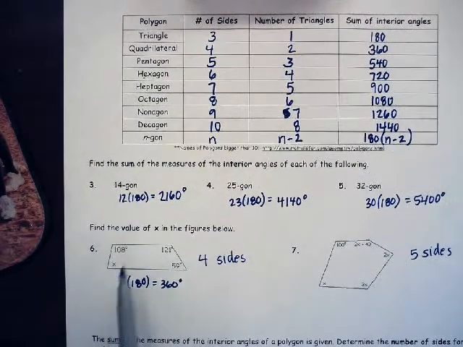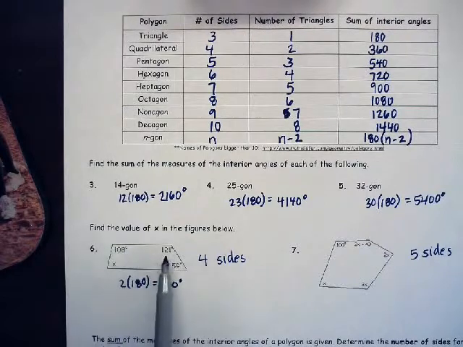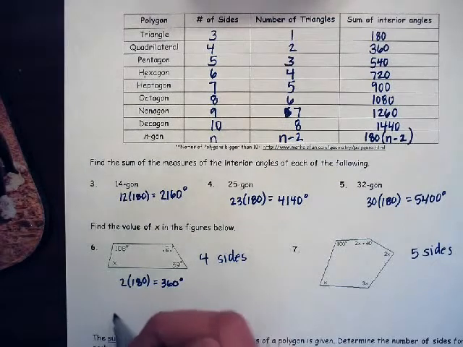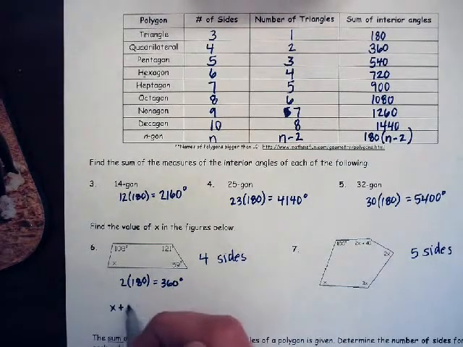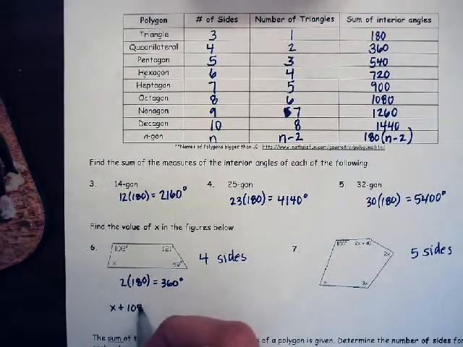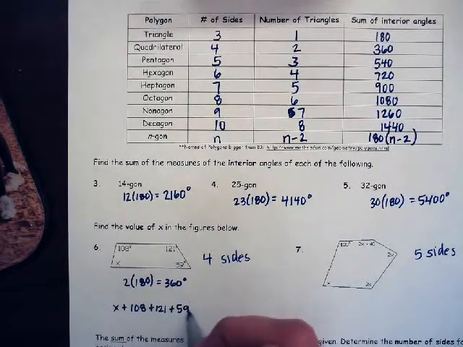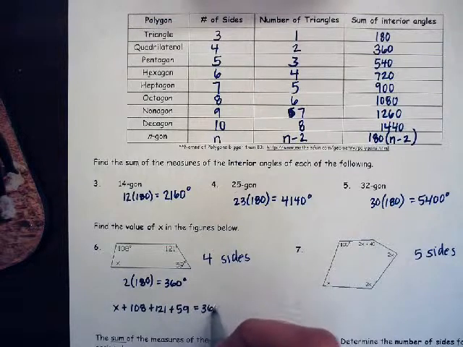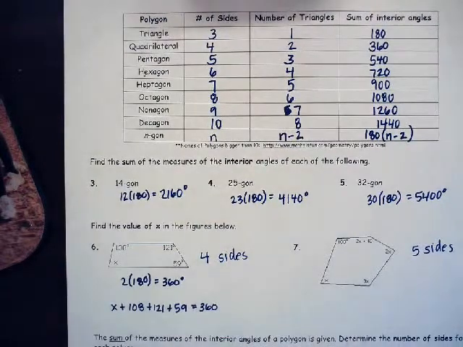That means that x plus 108 plus 121 plus 59 has to add up to 360. So I can find out what my missing x is by setting up my equation just like so. And I can solve for x. Go ahead, solve for x.